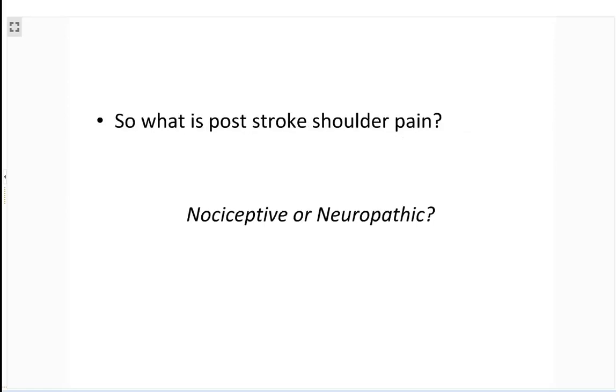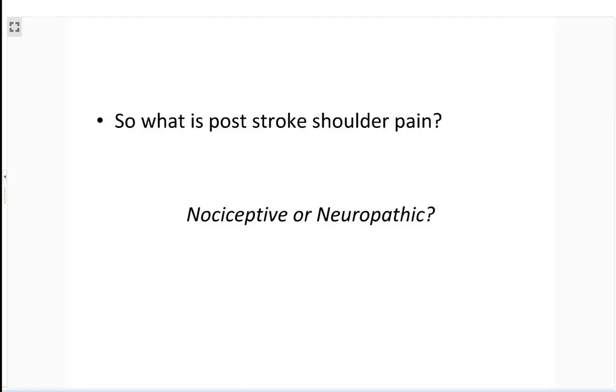So if we're thinking about post-stroke shoulder pain, is it nociceptive or is it neuropathic? Is it nociceptive, in which case we would expect a far more tissue damage approach, with ongoing injury, and we would expect a better response to interventions aimed at this nociceptive side, more structural approaches.